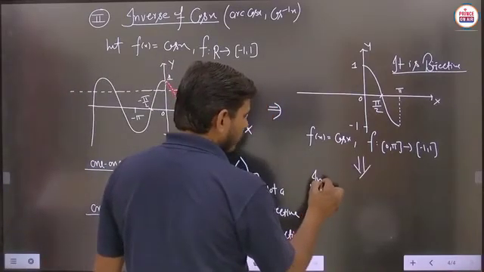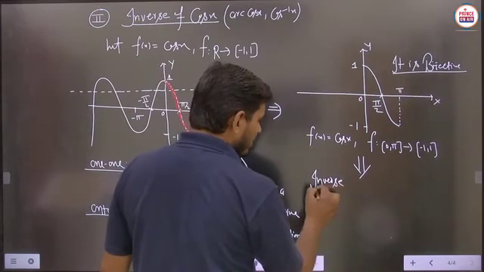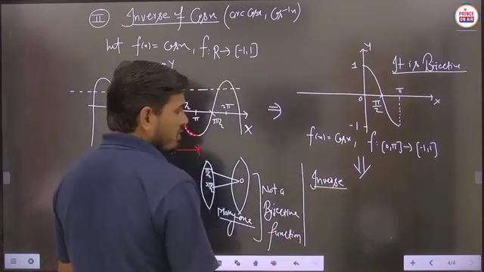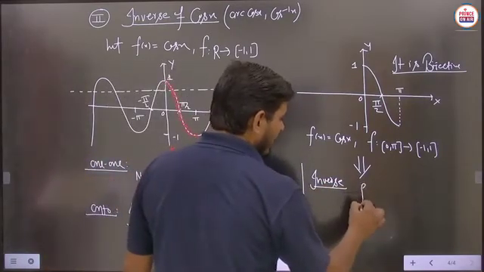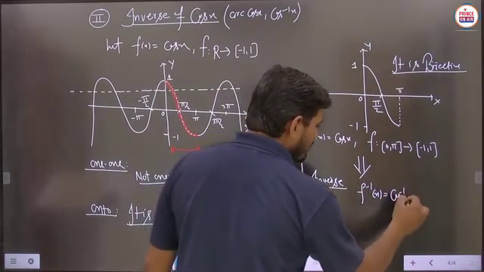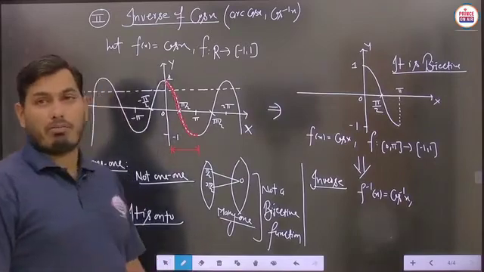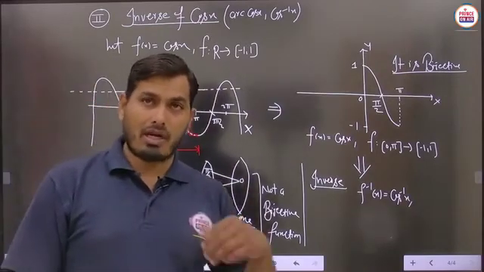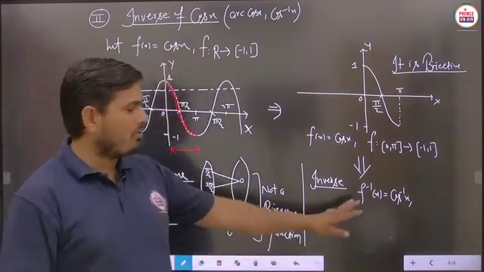So now the inverse, you can just tell, the inverse of this function will be defined as f inverse of x will become cos inverse x. But this is not said to be the proper answer, students. But after getting the bijective, you can write here cos inverse x, no problem.